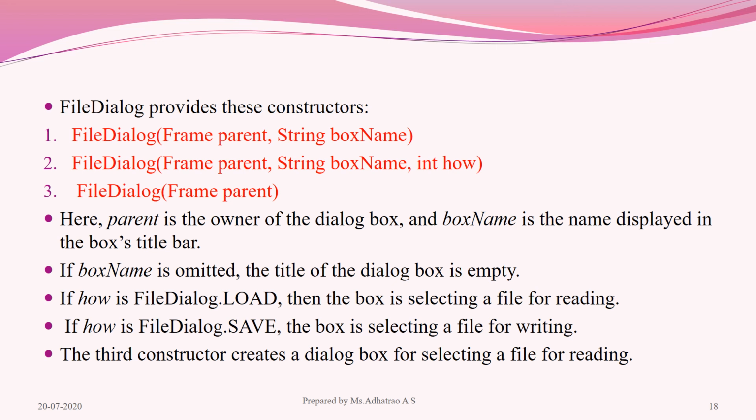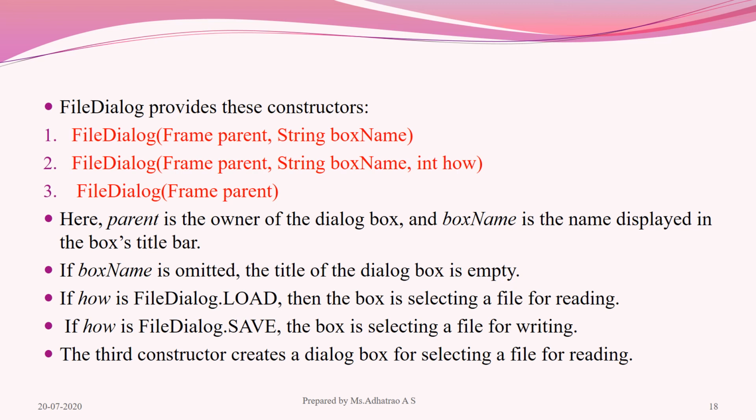If how is FileDialog.LOAD, then the box is selecting a file for reading, and if how is FileDialog.SAVE, the box is selecting a file for writing. The third constructor creates a dialog box for selecting a file for reading. So the file dialog box appears giving the options for loading, saving and reading.